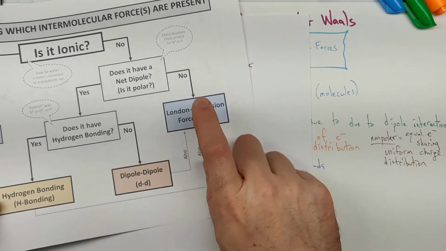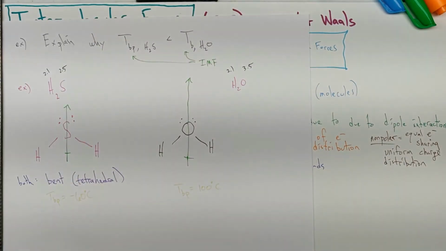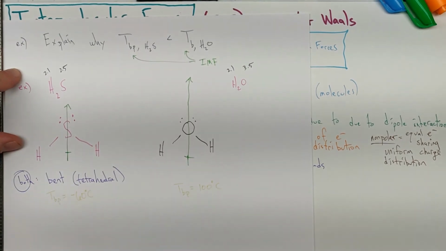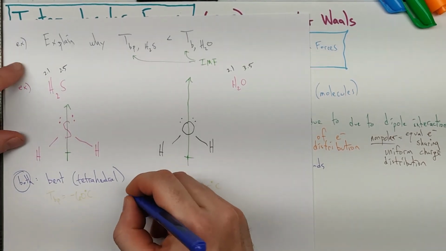And they both also have London dispersion forces. And I do want to put those because they're kind of an interesting topic in the big picture. So they both are bent, tetrahedral based. They both have a net dipole.